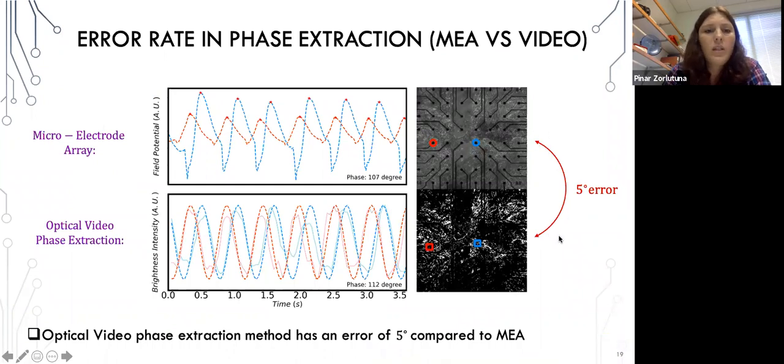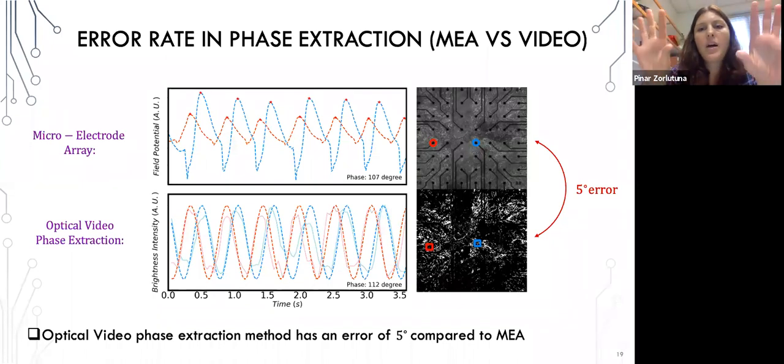And we concluded that the optical video phase extraction that we optimized can be used for analyzing the coupling dynamics of large scale networks, because a 5 degree error is within reason, given that we need at least 20 degrees of phase difference in order to separate and define different phase clusters in our networks.